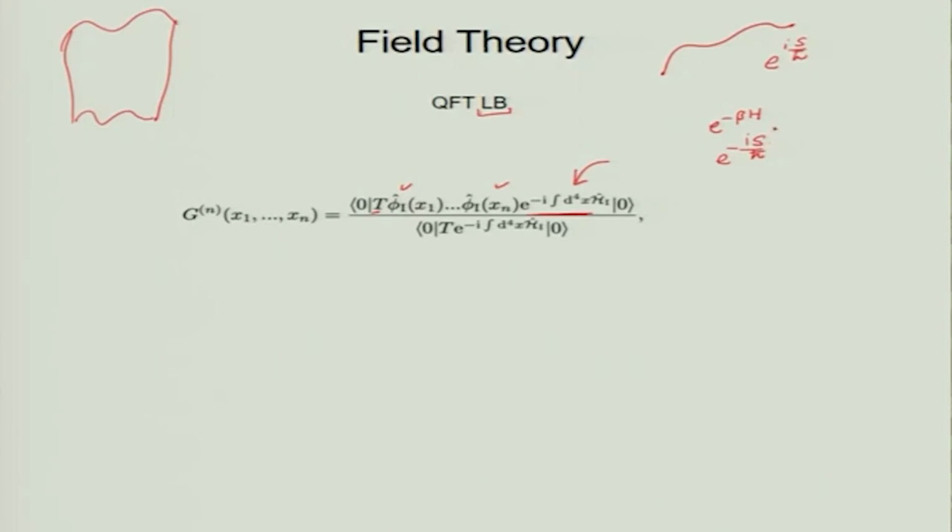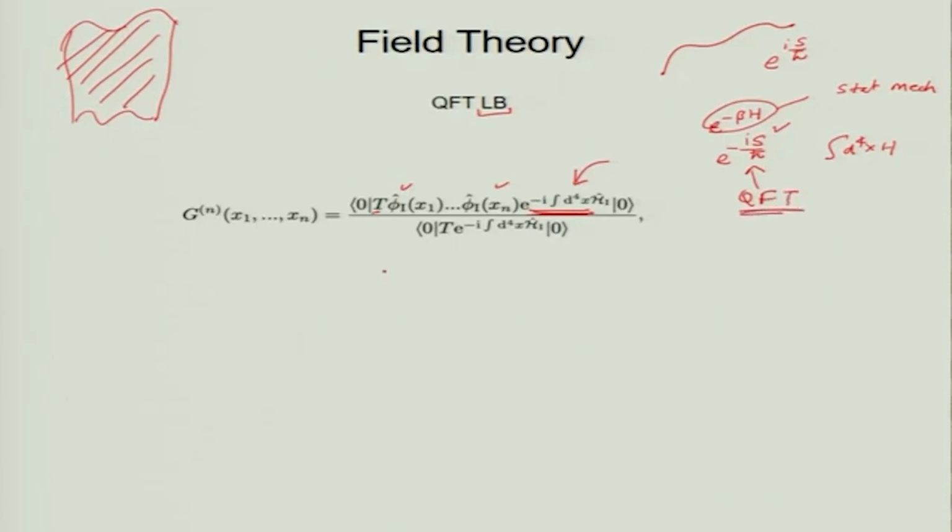So we compute the action of this surface, and the probability for following one particular path is e to the power iS by h bar, where S is computed as the integral d4x of the Hamiltonian. So this is the term sitting here. This one is for classical statistical physics, and this is for quantum field theory.